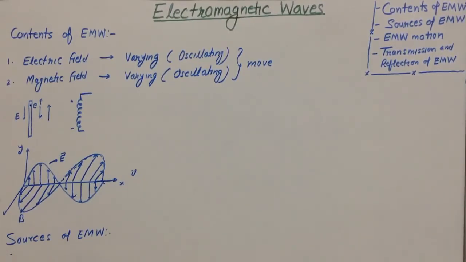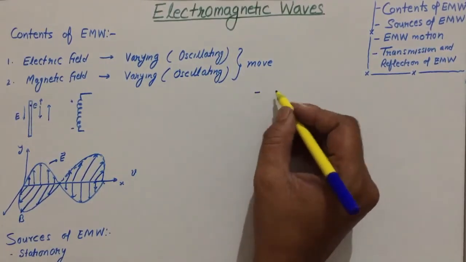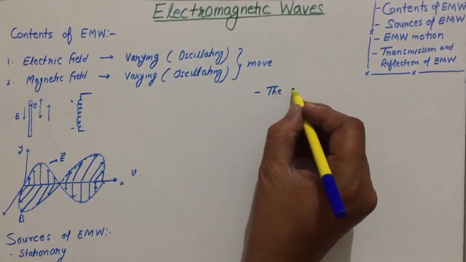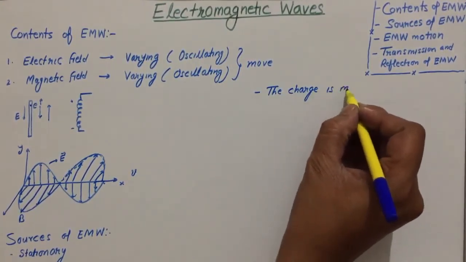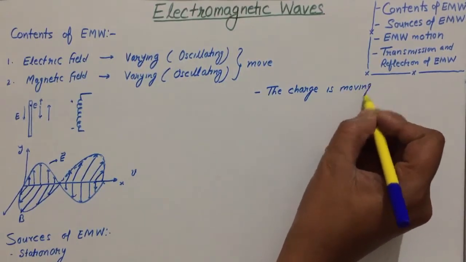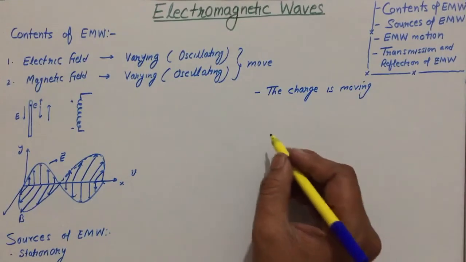So in this way there may be three conditions. The first one is the charge is stationary. The second is the charge is moving with uniform speed, or we can say just moving.